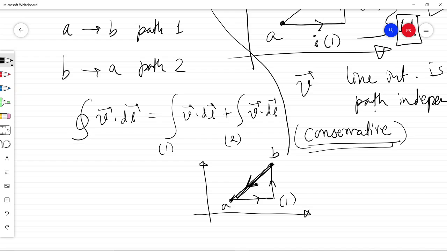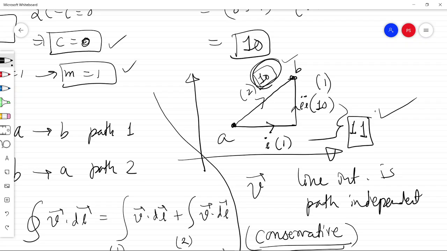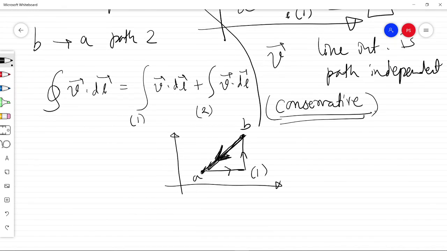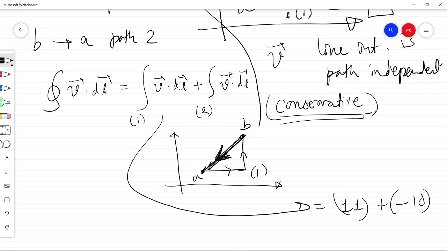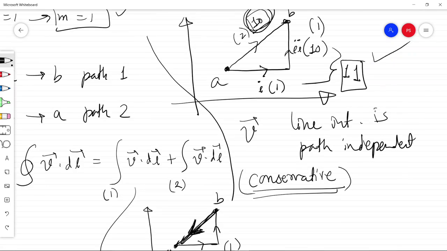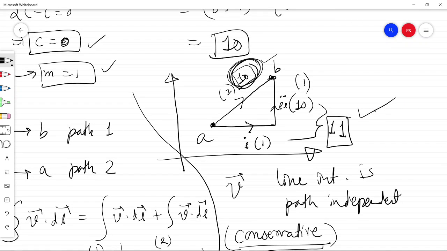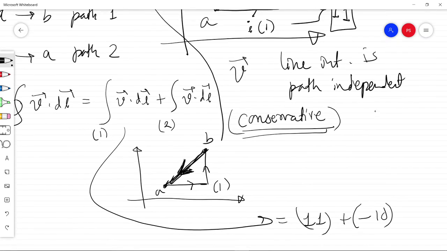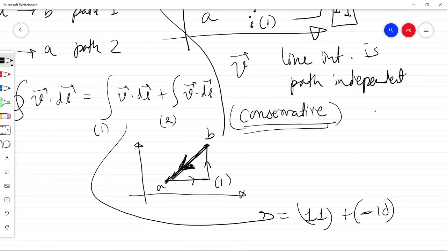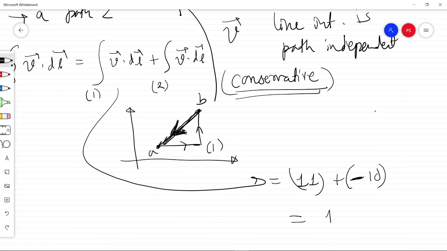If we reverse the direction of travel, we must also reverse the sign of the line integral. So this is equal to 11 plus minus 10. Earlier we calculated this value when we traveled from a to b, and now we are traveling from b to a, so we put a minus sign here. So this gives us 1. So the closed integral of v bar dot dl bar for this particular direction of paths is equal to 1.